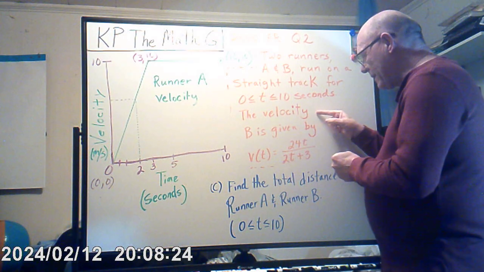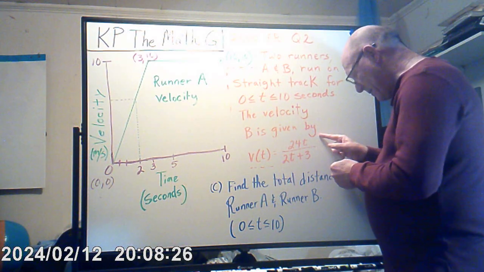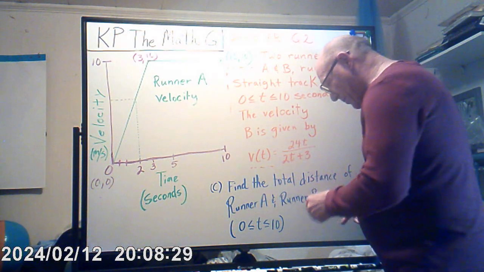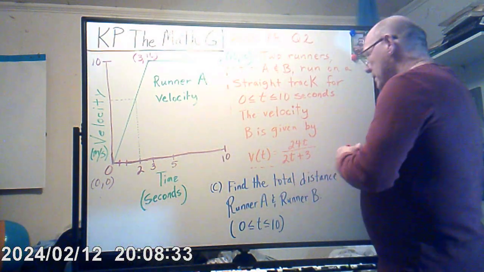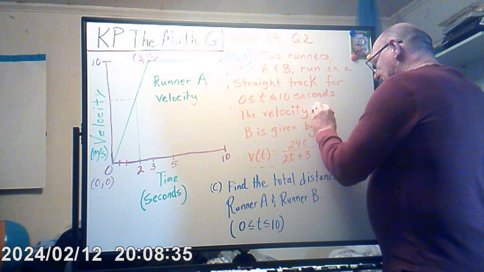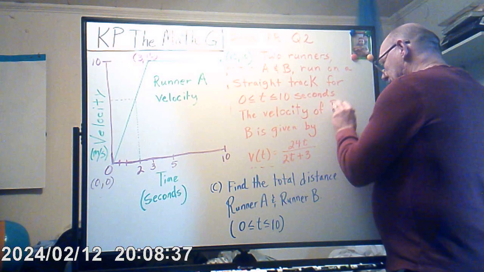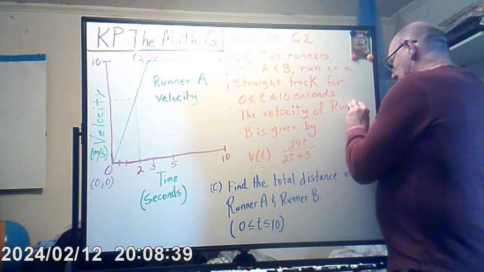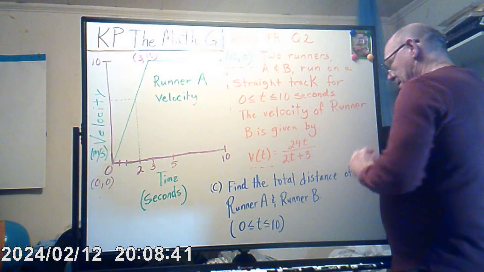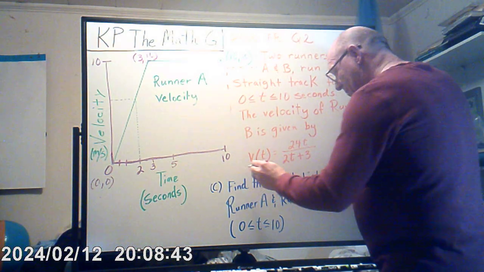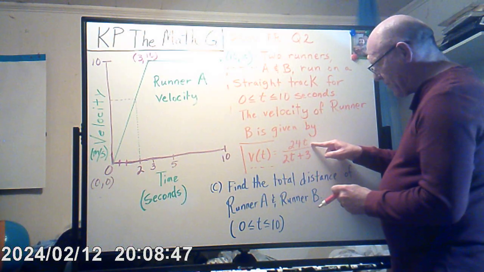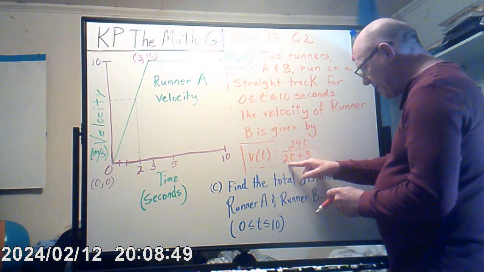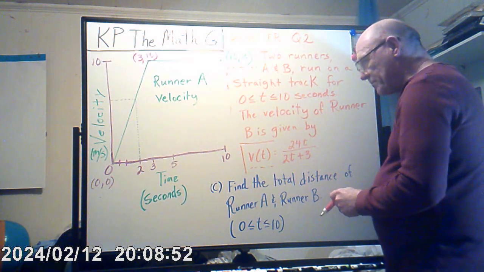The velocity of runner B is given by B of T equals 24T over 2T plus 3.